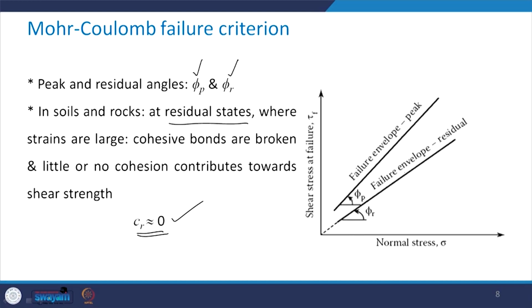So, you just extrapolate this failure envelope for the residual condition, which is shown by this dotted line, and you will see that it is intersecting at the origin O. This means that the cohesion intercept in the residual condition is equal to 0, that is c_r will be approximately equal to 0 in the residual state.